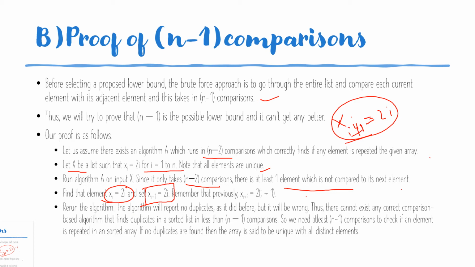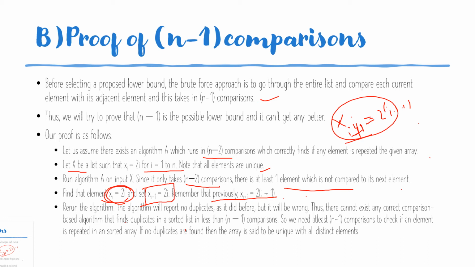If I rerun the algorithm, it will give me the same output as it gave for the earlier input, which is not correct.